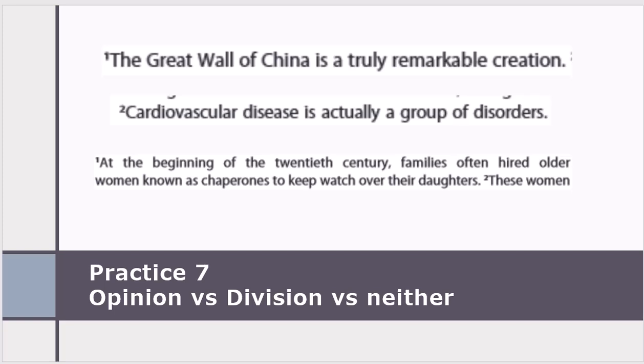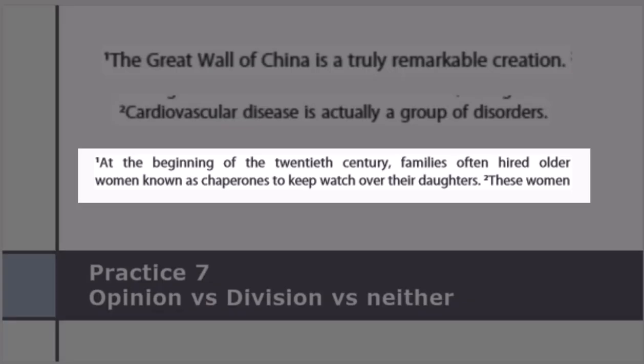Next, we're going to look at one that is the exception, that doesn't have a clear opinion or division controlling idea, but is still the main point. This is from paragraph number 3. The topic sentence is number 1, and it says, at the beginning of the 20th century, families often hired older women known as chaperones to keep watch over their daughters. So in this one, it's just basically the topic.